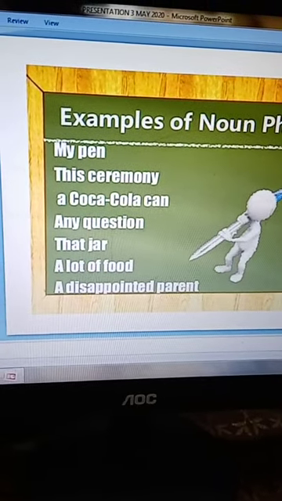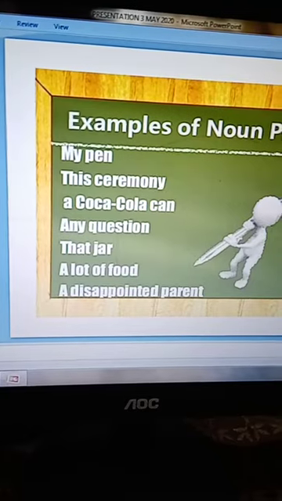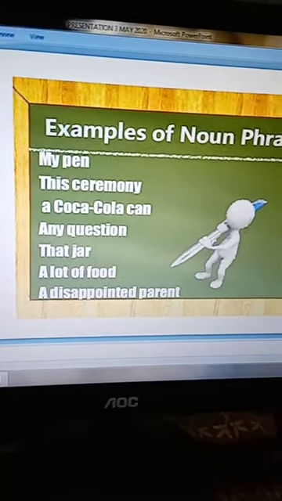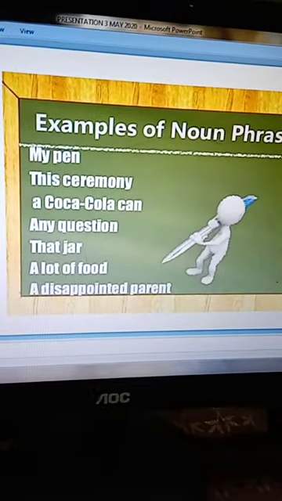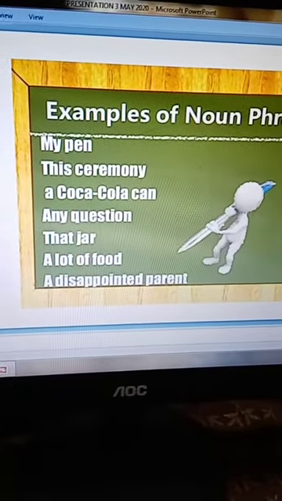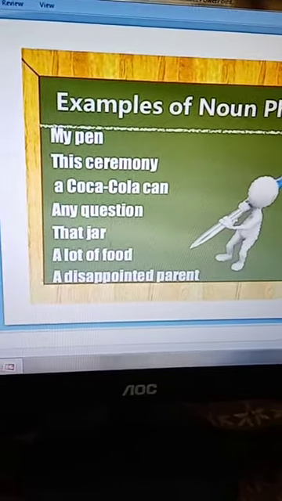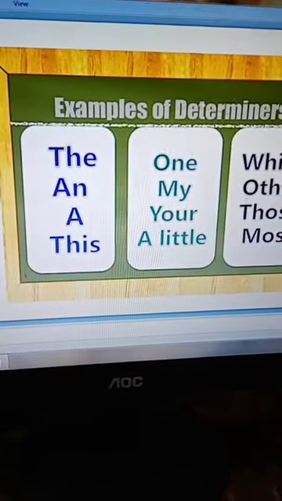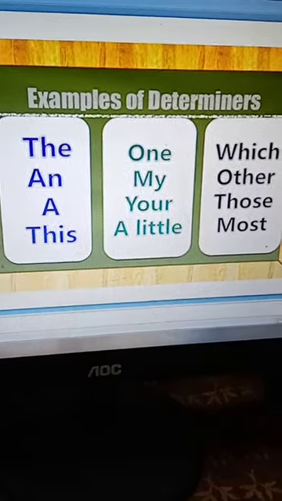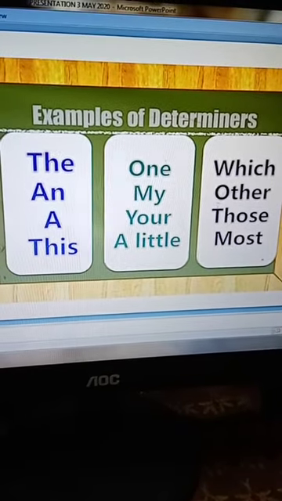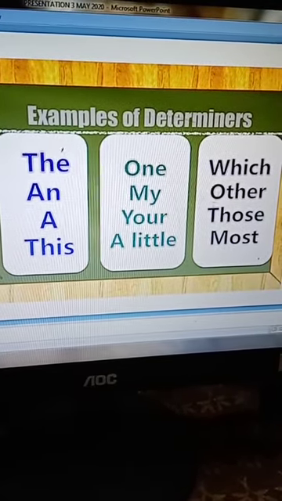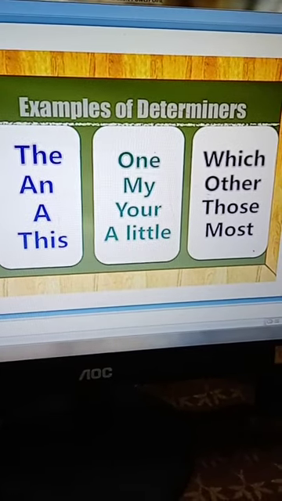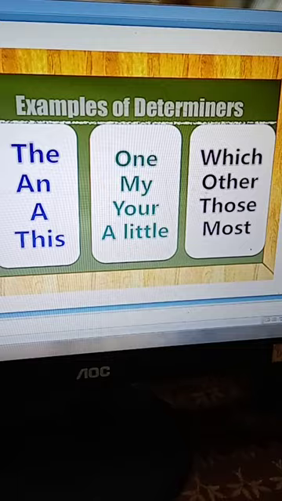The determiners with their nouns are called noun phrases. Now I hope you understand the definition of noun phrase very well. You can see some more examples of determiners: the, and, these, one, my, your, a little, which, other, those, most.